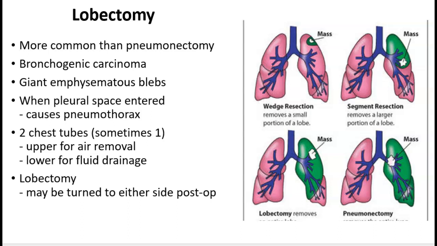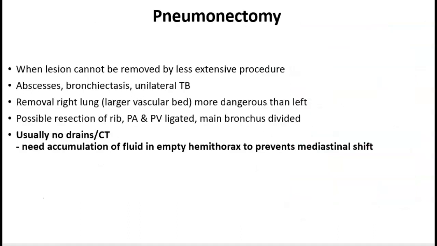So the issue comes in when we have a pneumonectomy, right? So pneumonectomy, as you recall from the previous picture, is the removal of the entire lung. And this happens if the cancer is large, or based on where it's located. And we do this for more than cancer. We may do it for tuberculosis, abscesses that we can't heal.